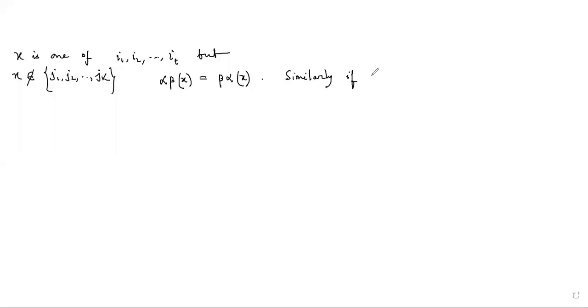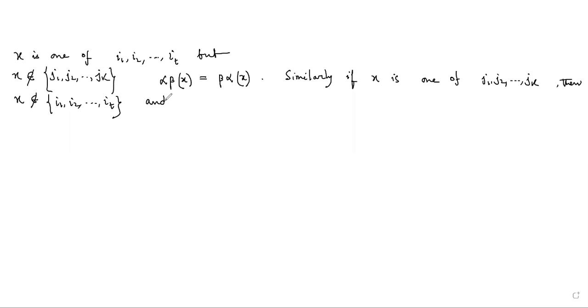Similarly, if X is one of J1, J2, ..., Jk, then obviously that X will not belong to I1, I2, ..., It.